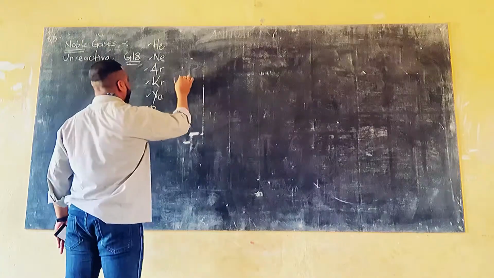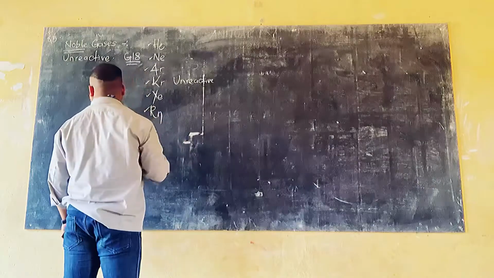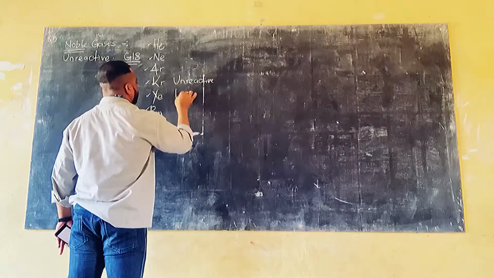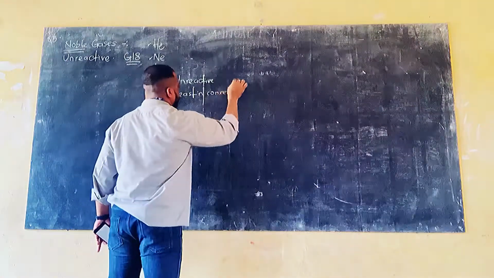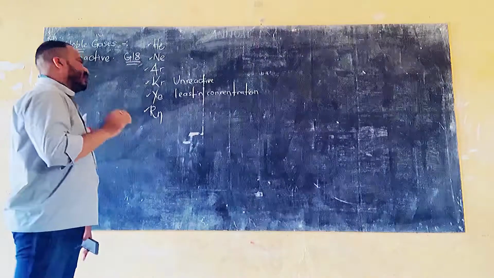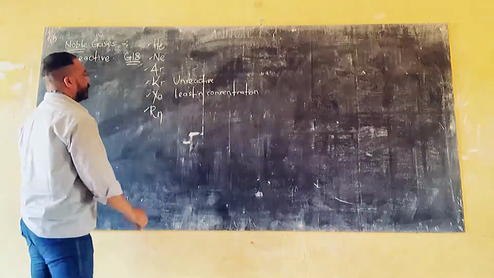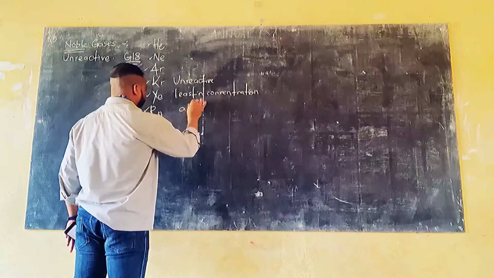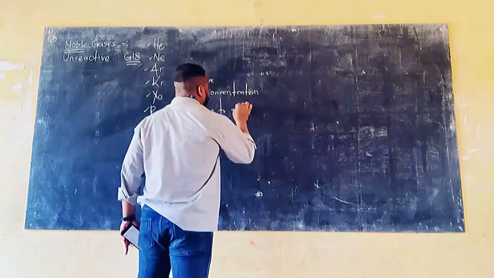They are quite unreactive and least in concentration. They are present in the atmosphere with a very minor volume, so that it took a lot of time to discover them.